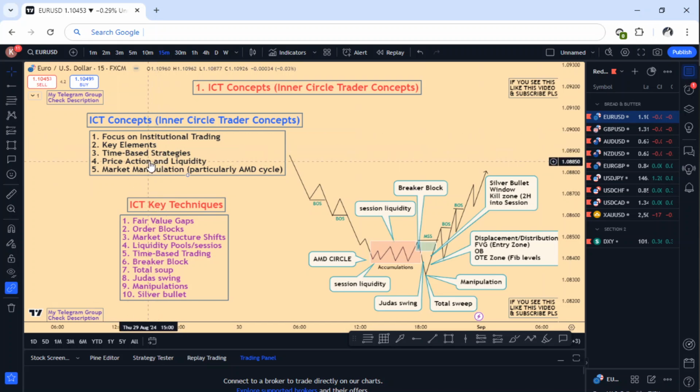Now what about price action and liquidity? Now a significant focus is on understanding price action in relation to liquidity pools. ICT concepts emphasize areas where liquidity is likely to be present, such as above or below significant highs or sessions. I will explain here.